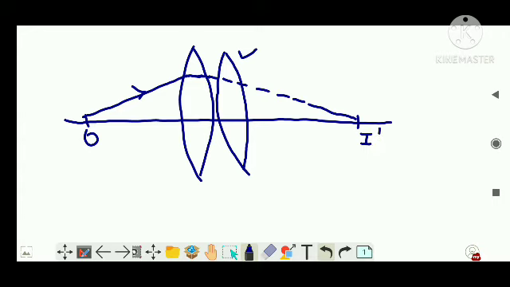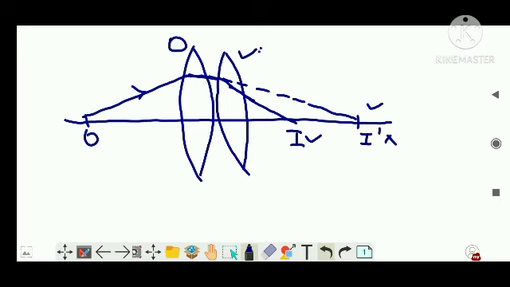But this image is not seen because of the presence of the second lens, because this line, after it reaches the second lens, converges a second time, and the image is formed here, that is I, and we see this image I, not the I dash, because I dash acts as an object for the second lens.